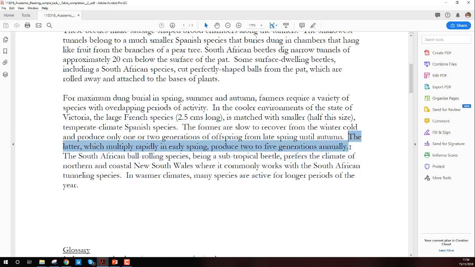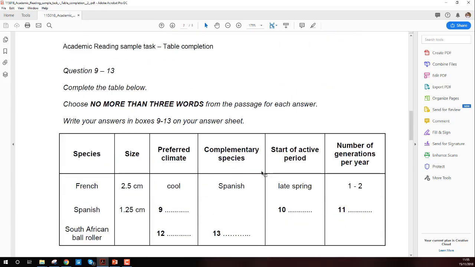The latter, that's the Spanish. Because former means first, latter means after first. The latter, which multiply rapidly in early spring, produce 2 to 5 generations annually. Okay, so I'm going to assume that it's active period, multiply rapidly, early spring. Okay, so I'm going to put that as my answer here. So late spring, early spring.